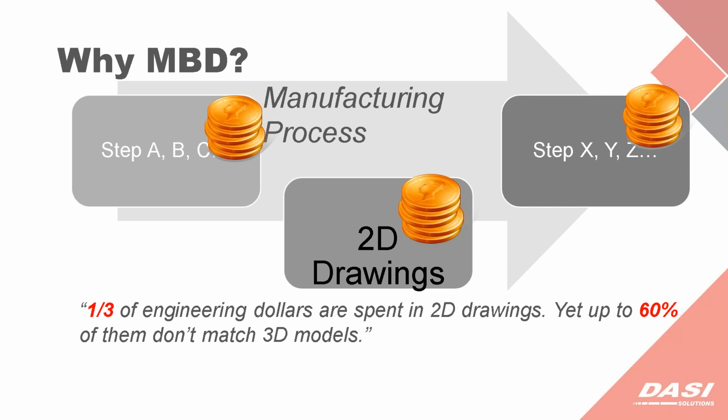And if we were to account for all of that money, almost a third of all the engineering dollars were spent generating 2D drawings. Yet, when we're all said and done and we're looking at the final XYZ steps, up to 60% of those drawings don't actually match the 3D CAD model. Now you could say that's pretty difficult to imagine, right?